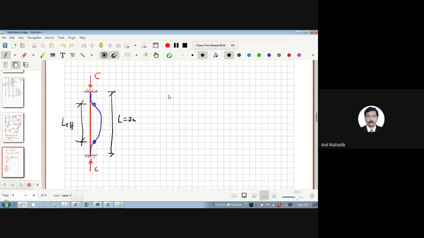So when both ends are fixed, L effective is nothing but 0.65 L. And we have seen these L effective values as per the boundary conditions. So how much will this value be? L effective is 0.65 into 2. Getting?